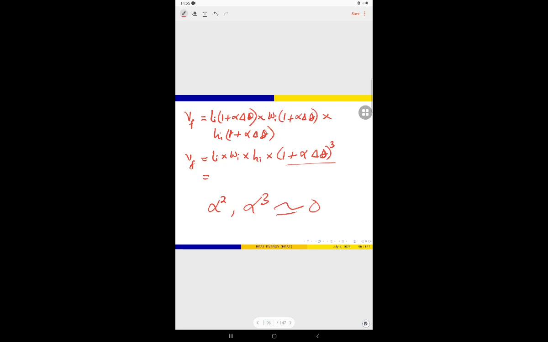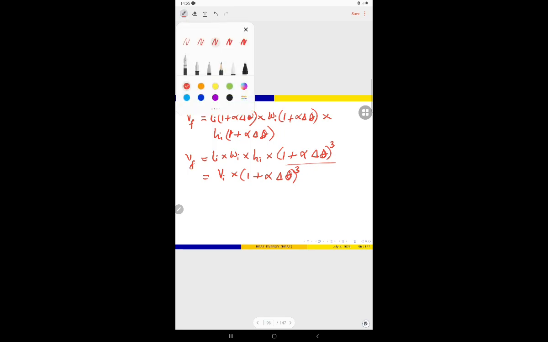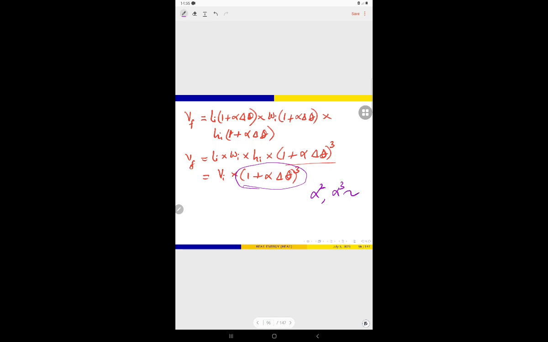After expanding this, let me come again. This is Vi times 1 plus alpha delta theta all cubed. This is a bit tedious, but it's not difficult. When you expand it, as we know, the alpha squared and alpha cubed terms will go to 0. Why?